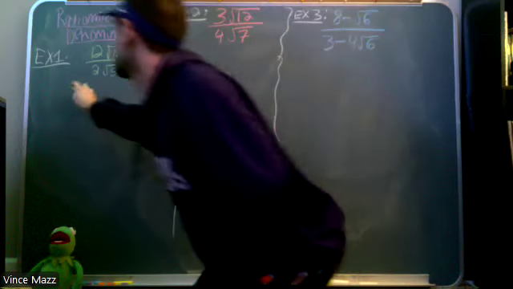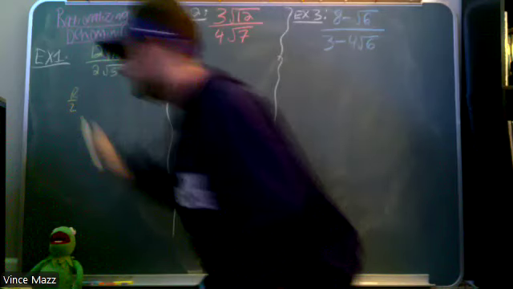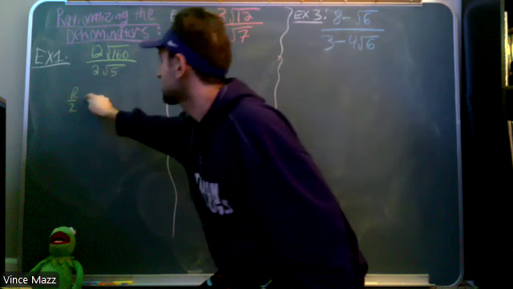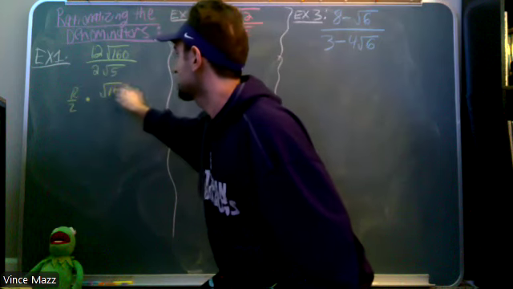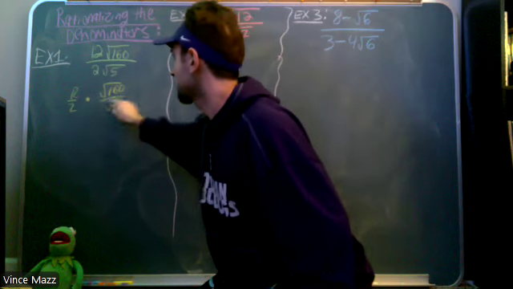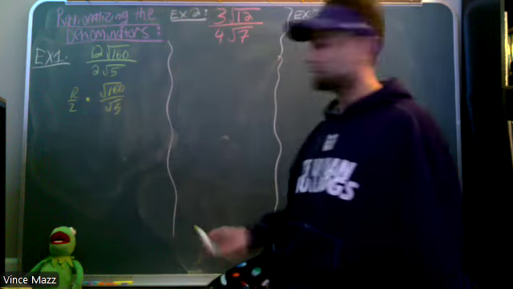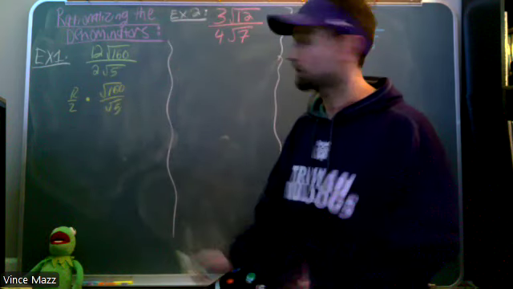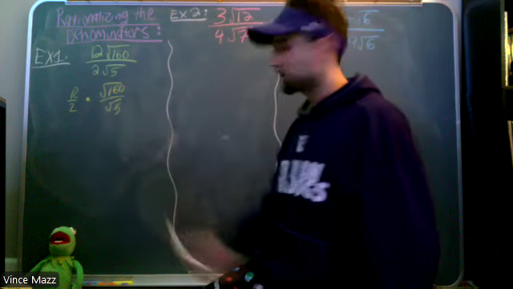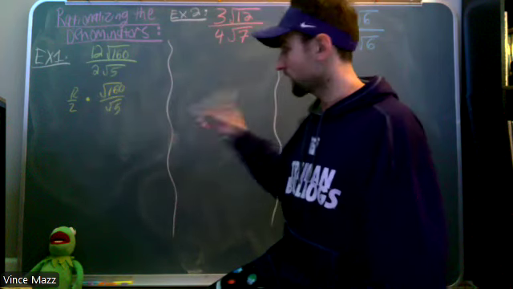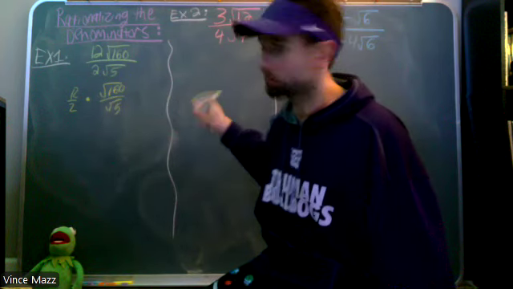So you got 12 divided by 2 now, and then times root 160 over root 5. That's something you can do. It's a valid math thing.